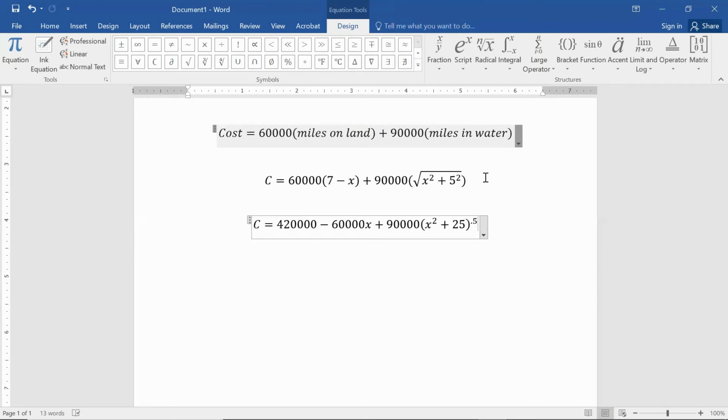We use exponents instead of square roots because it's easier to take derivatives in this form.